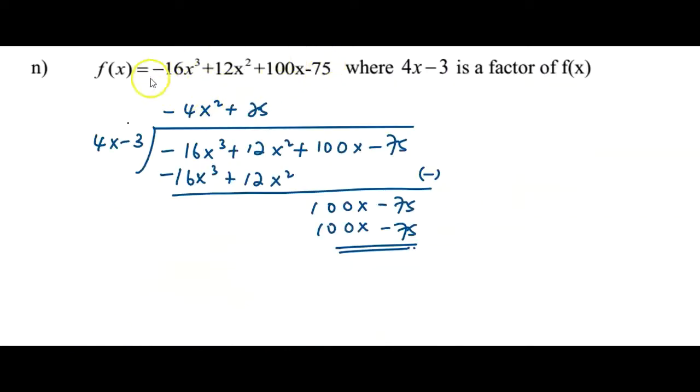For this function, again, use the same method. I'll use long division, dividing by 4x minus 3, so that I can get the other quadratic factor. Now you can see this function doesn't have a term in x. So our f(x) can be written as (4x minus 3) multiplied by (25 minus 4x squared).